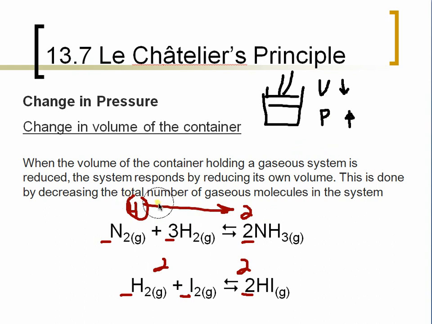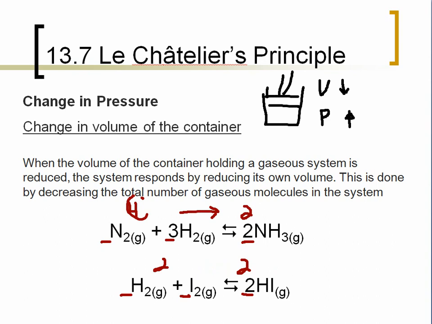So in this example, my equilibrium will shift to the right because it's going from 4 molecules to 2 molecules. I'm forcing these together to go to the right. Because this is an uneven number of molecules on both sides. On the bottom example here, since I have equal number of molecules on both sides, it will not change at all. No volume or pressure changes will shift this equilibrium because the number of molecules are the same on both sides.